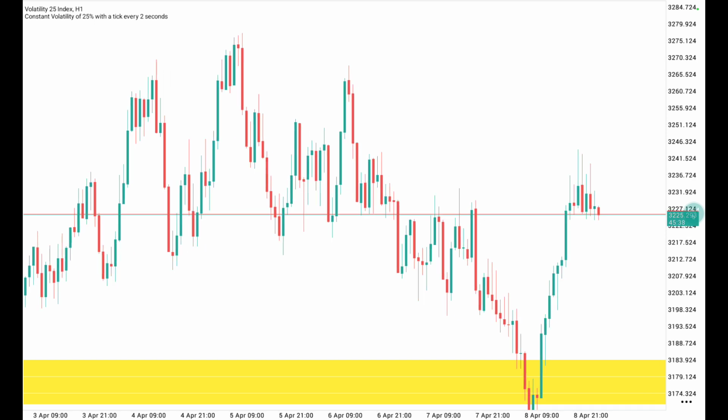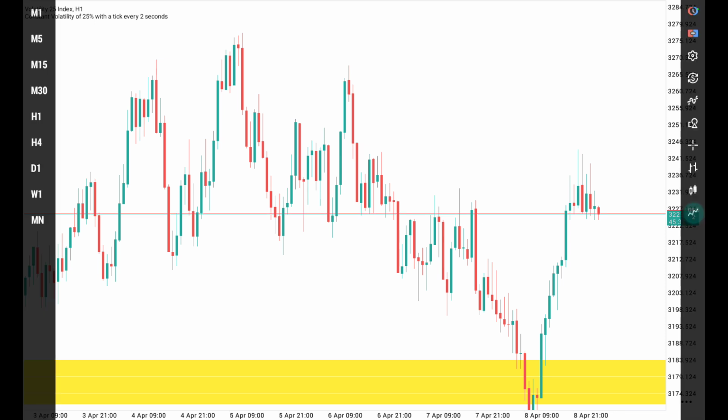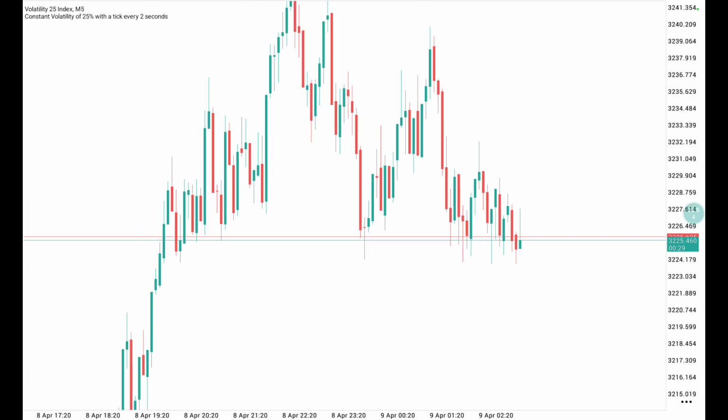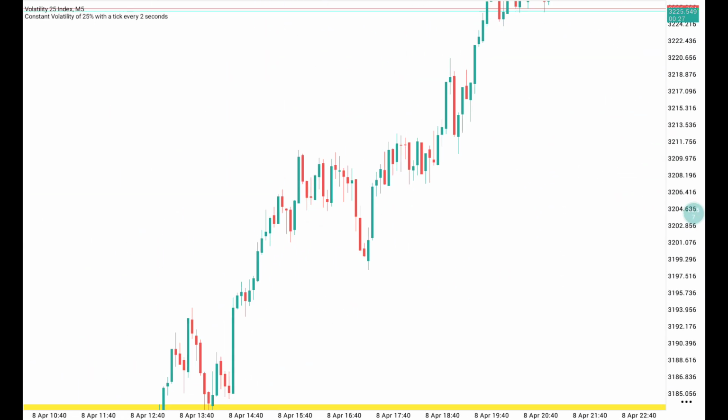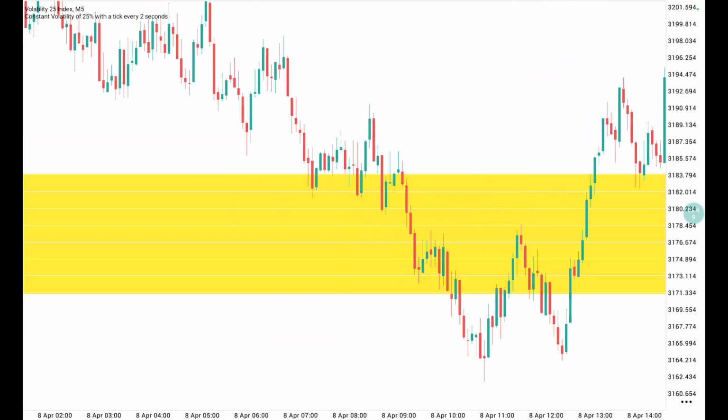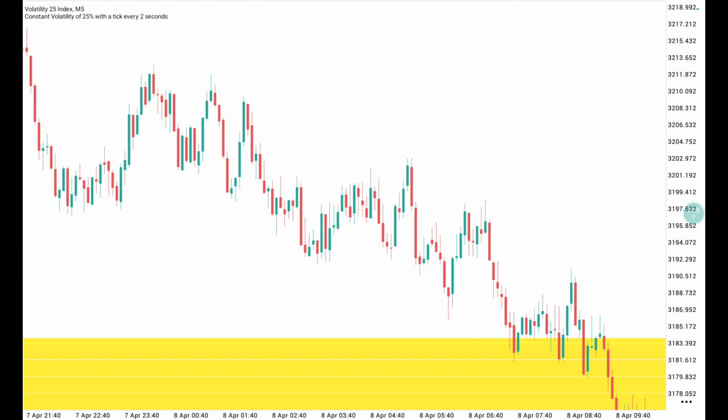Keep that in mind. The next thing I want to talk about is the concept of break of structure. You have to know that. I'm on the 5 minute time frame, and let's look at this downtrend.